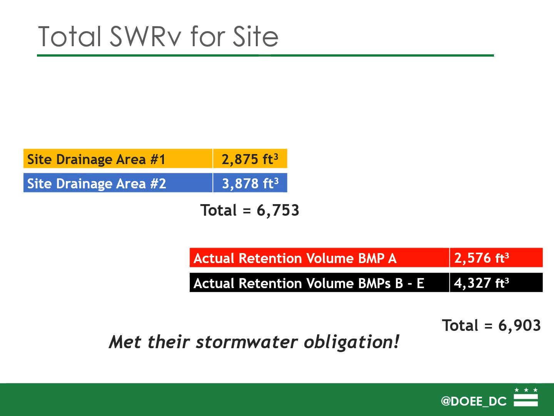And it was done by using what's called over control, where the actual retention in site drainage area 2 was higher than the SWRv. So those 4 BMPs achieved more retention to compensate for the fact that BMP A in site drainage area 1 had less retention than was needed for that site drainage area.